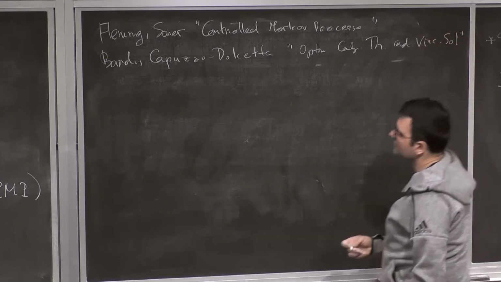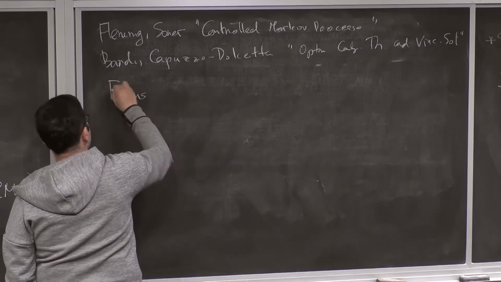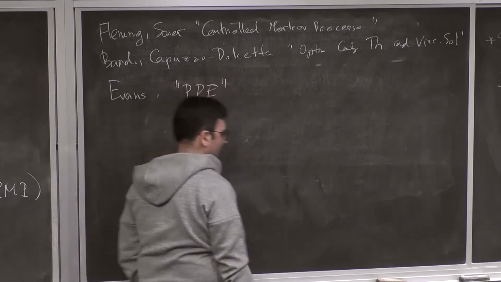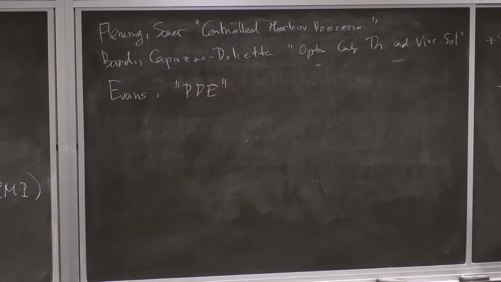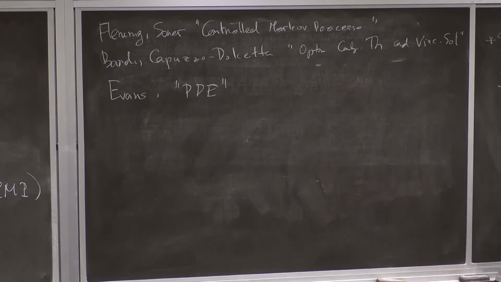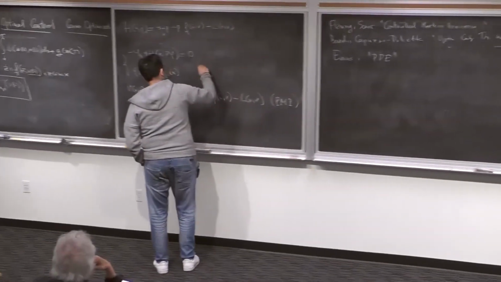And also in Evans' PDE book there are sections that deal with it. So the technical assumptions have to be made, etc. But this is the general framework. So HJB and the Pontryagin maximum principle.